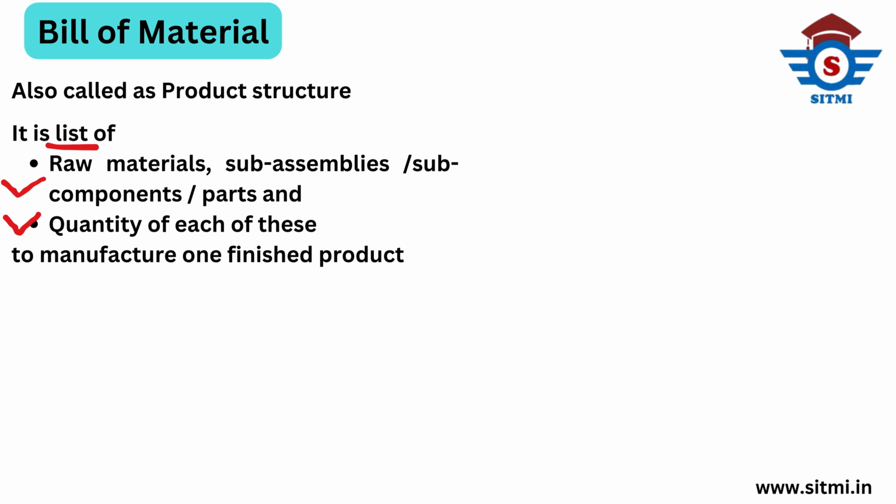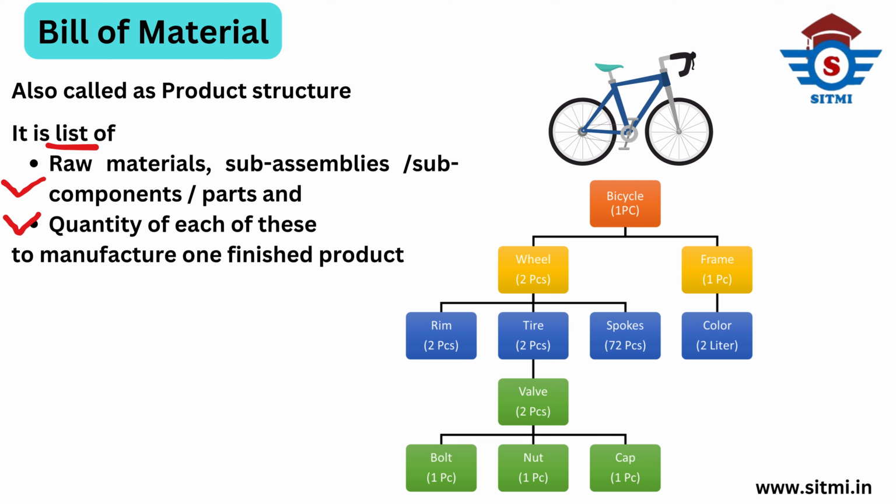So for a bicycle production of one quantity, we need 2 wheels and one bicycle body, or we will call it a bicycle frame, which is 1 in number. Now to manufacture one quantity of wheel, we need 2 pieces of rim, 2 tires, and we need 72 spokes. And to manufacture a frame, we need a color.